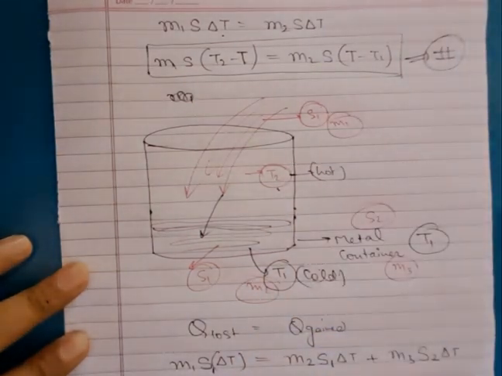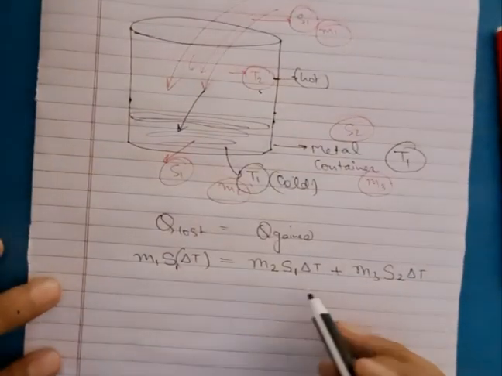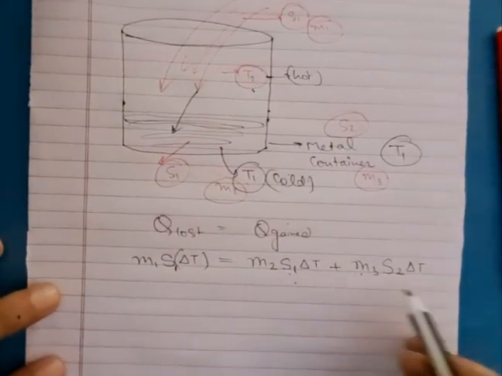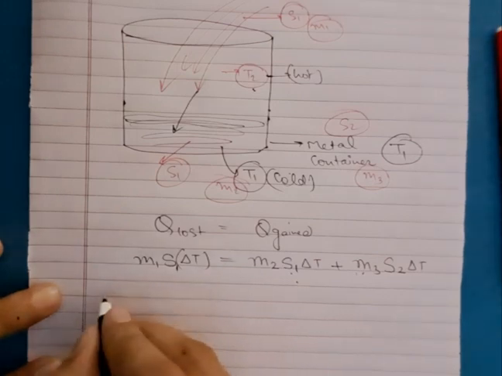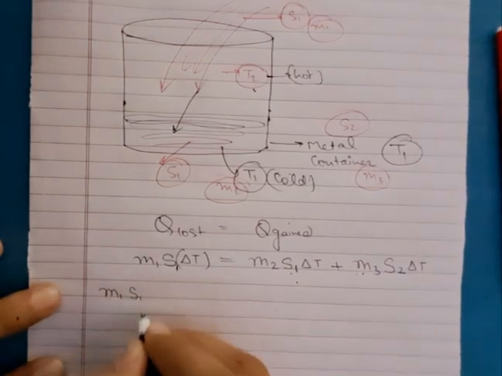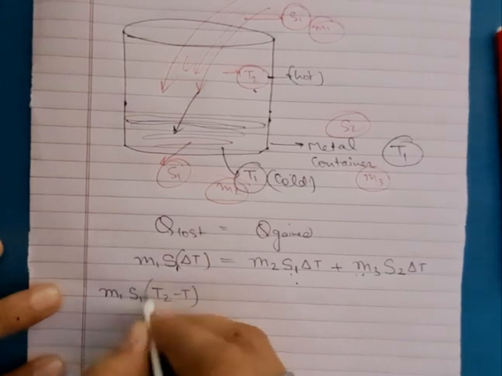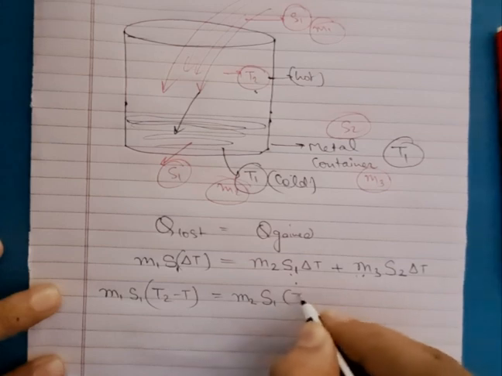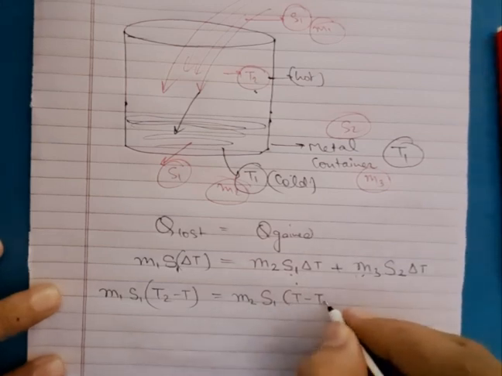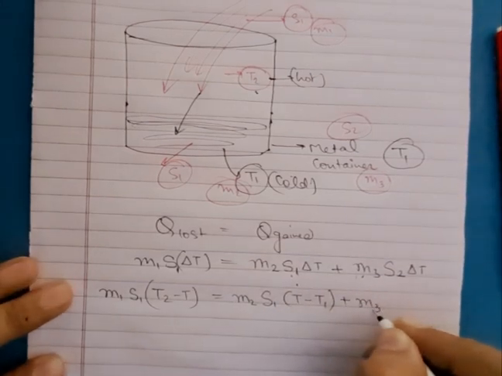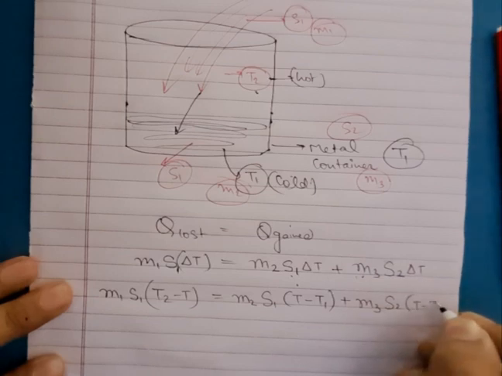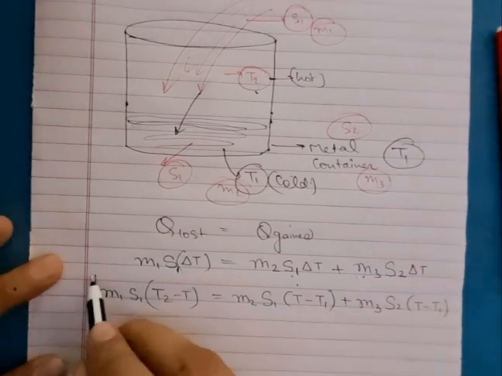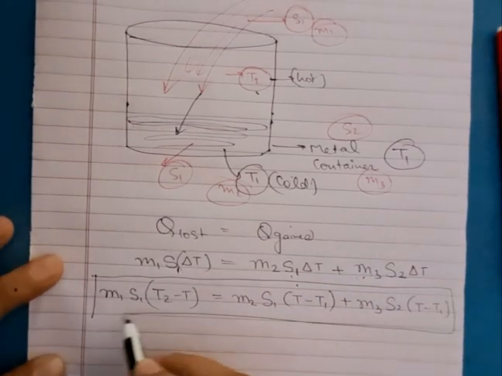In such cases, we will continue the question. Since both of these are getting the heat, m1 s1 (T2 minus T), where T is the final temperature, equals m2 s1 (T minus T1) plus m3 s2 (T minus T1). So this will be the given equation.